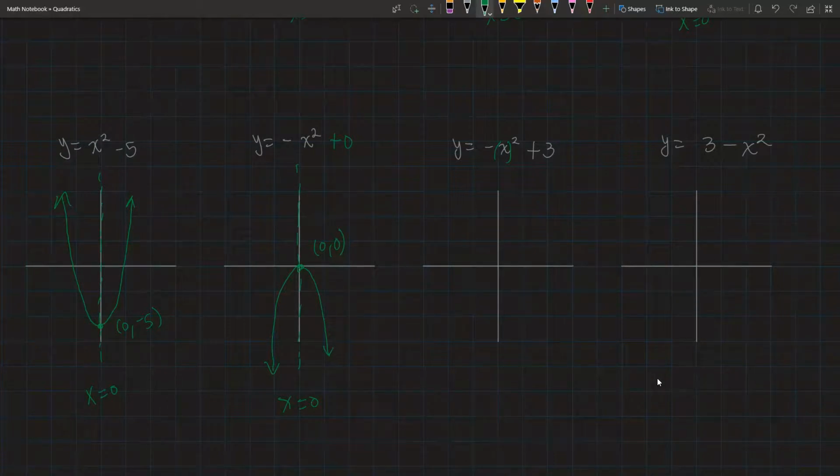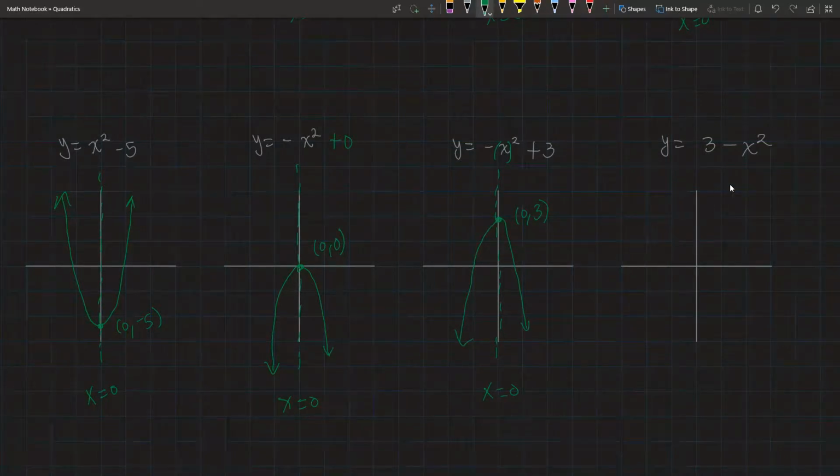So we know that the only thing that makes x equal to 0 is x equals 0. So line of symmetry is at x equals 0. It moved up 3 units, and we have 0, 3. And because it's negative something squared, we know that this is going to curve downwards. But even still, look how quickly we made that sketch.